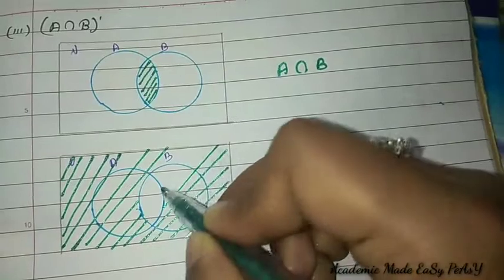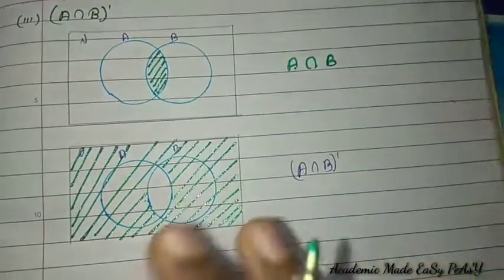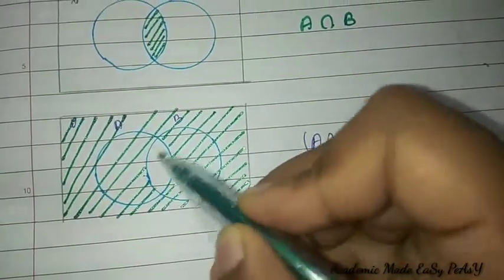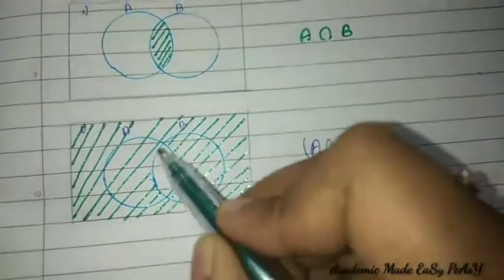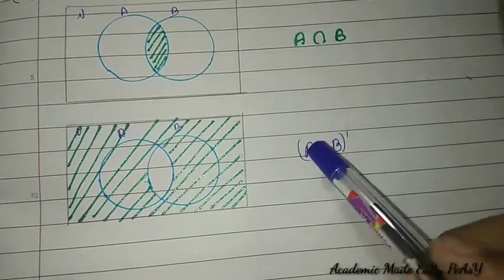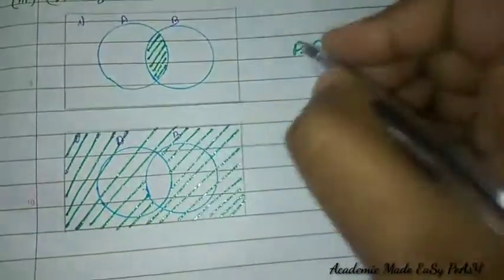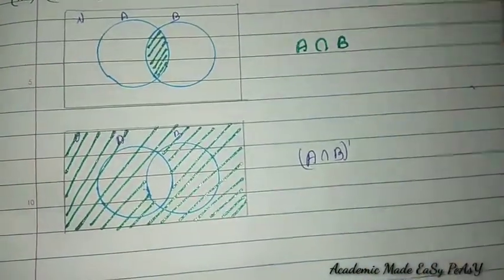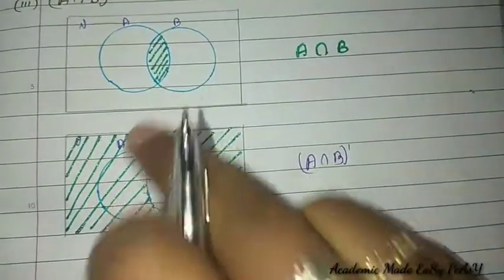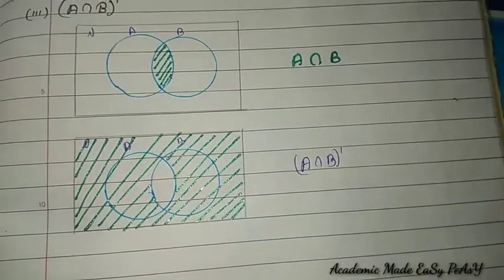Even if you want, you can shade it or just a stroke is enough. Here I have not shaded only this part, so I have shaded every region except this part. So this is my complementation of A intersection B. Complementation means the unshaded region in this part will be my complementation in the Venn diagram.